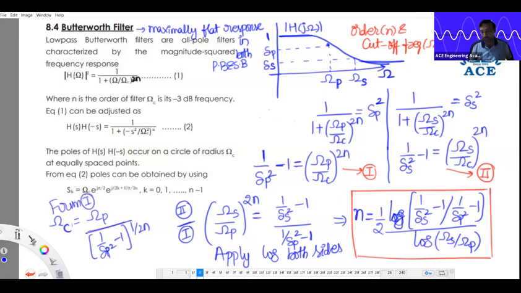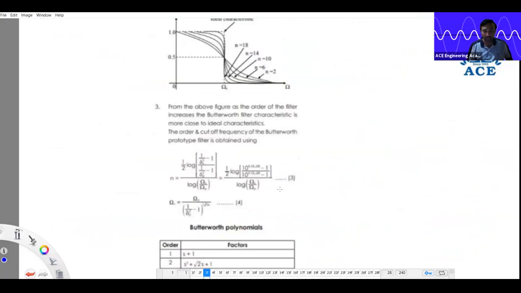To get order we need this relation, to get cutoff we need this relation. That is what I have given in these direct formulas.